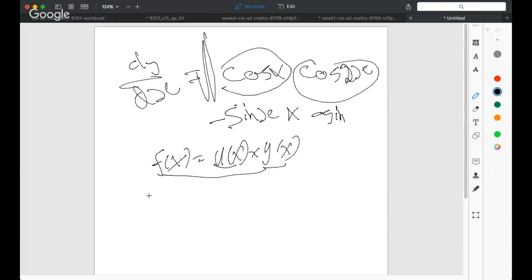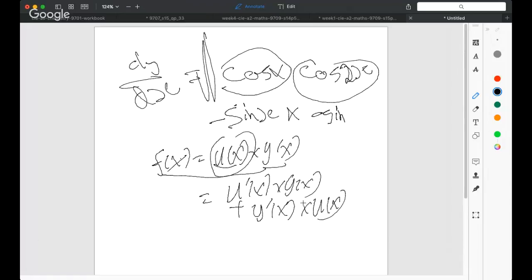Does any of you know? Chain rule. Yeah. So this equals the differentiation of u(x) times g(x) itself, plus the differentiation of g(x) times u(x) itself. So in this case, how do you differentiate this function?